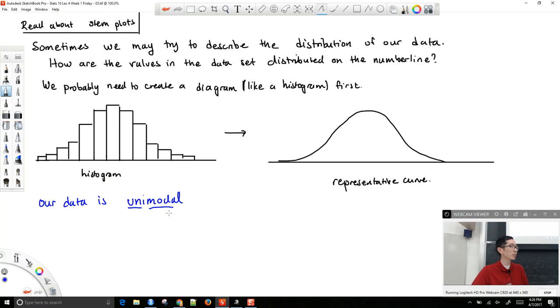The value that appeared most frequently. So when we're talking about unimodal, that means there is one range of values that appears most frequently, one area of values that are most frequent.